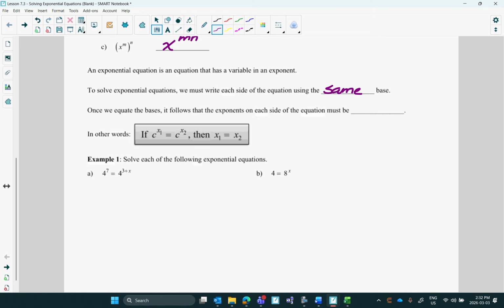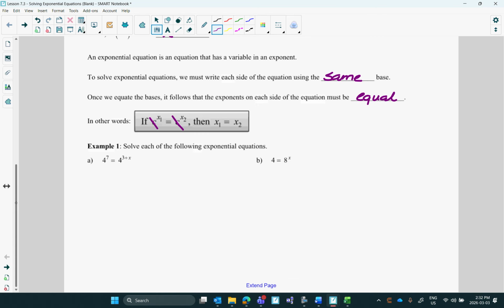Because if the bases are the same, the exponents must equal each other. So if you get the bases the same, you basically cross out the bases, and then solve what's left.